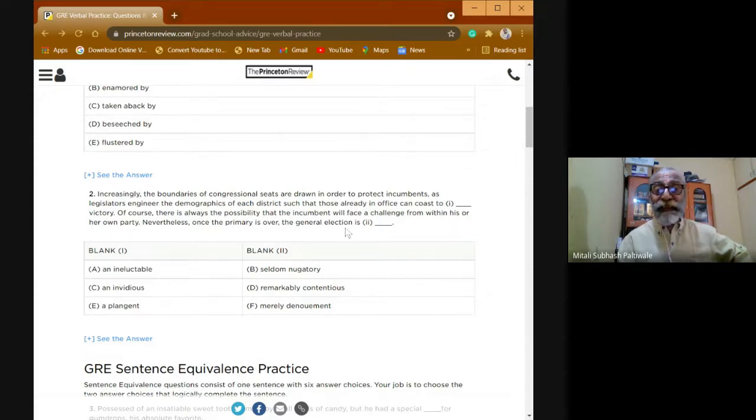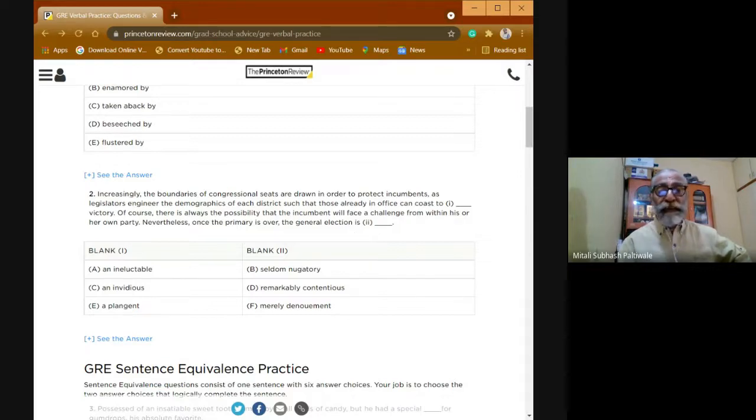The general election is the election that is going to happen is a dash. So here, how are you going to find the answer? Because there is a verb here. You can see there is an auxiliary verb, is.